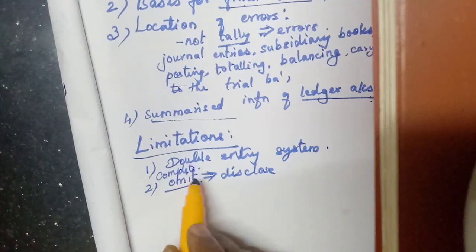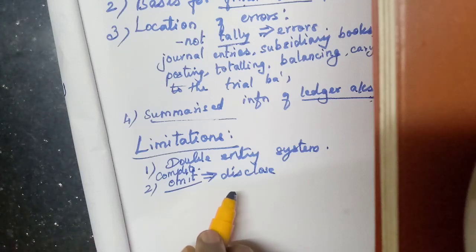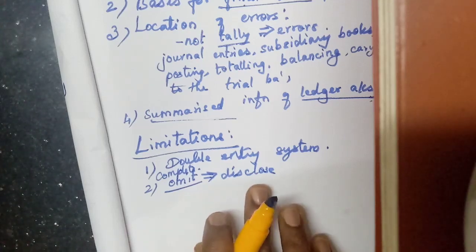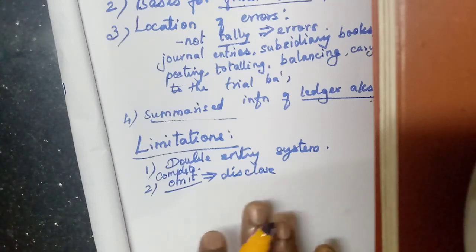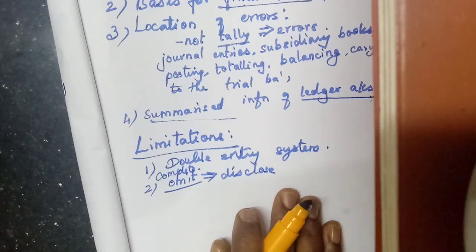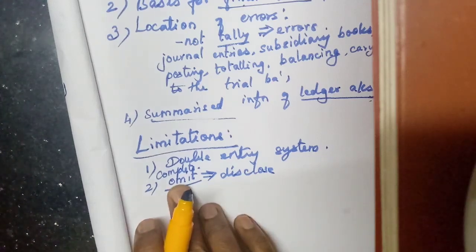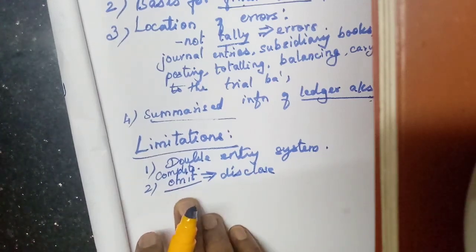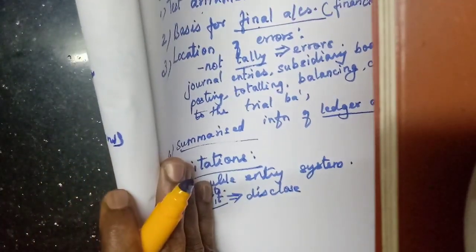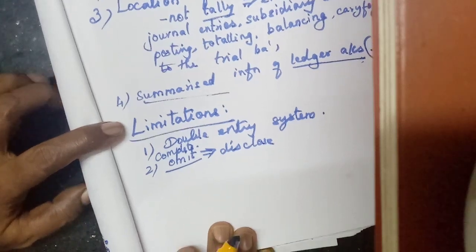If one journal entry is not posted anywhere, with debit and credit aspects not posted, that will not be disclosed in the trial balance. It will tally. By seeing that amount, both the debit and credit columns will be equal, then we will think it is correct, but a complete omission has already been made. So this will not be disclosed by the trial balance. It is one of the drawbacks.